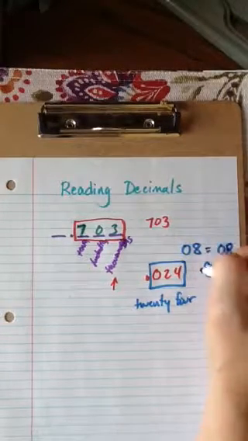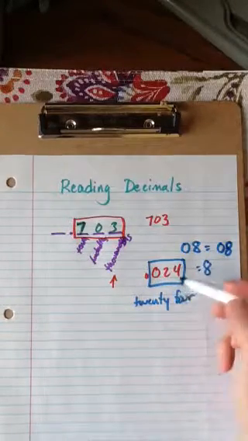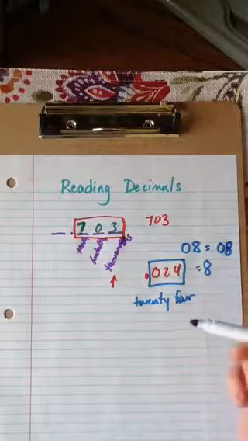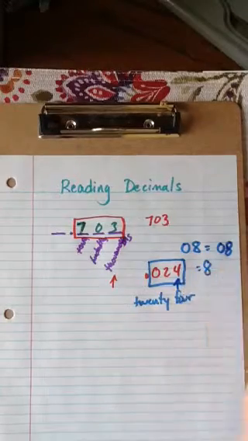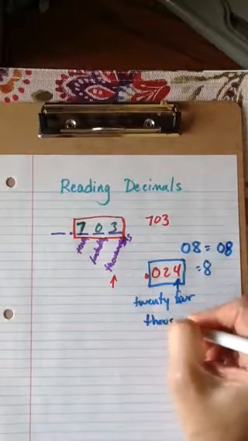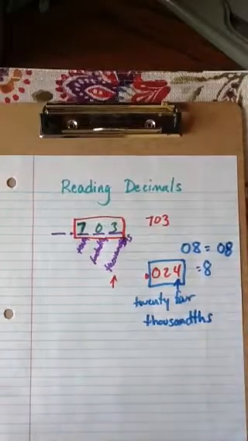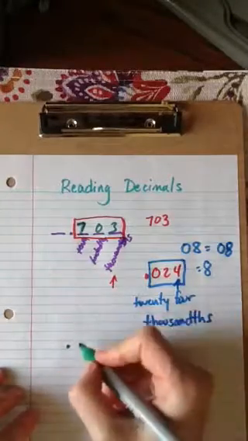They all equal each other. So that is 24. This is going to be key when we go in reverse and try to write the decimal from just the name, which is a bit of a harder concept. What's the name of the last place value spot? Thousandths.